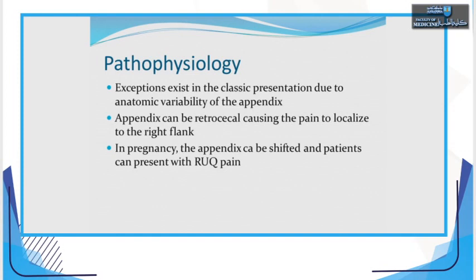Exceptions exist in the classic presentation due to anatomic variability of the appendix. The appendix can be situated retrocecal, causing pain to localize to the right flank. In pregnancy, the appendix can be shifted and the patient can present with right upper quadrant pain.